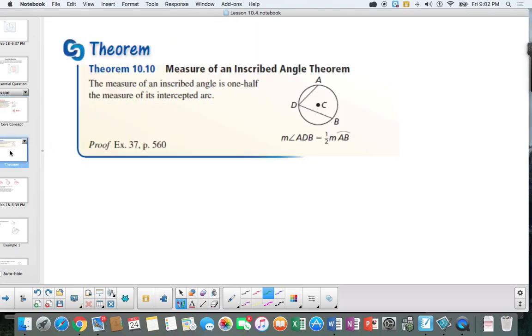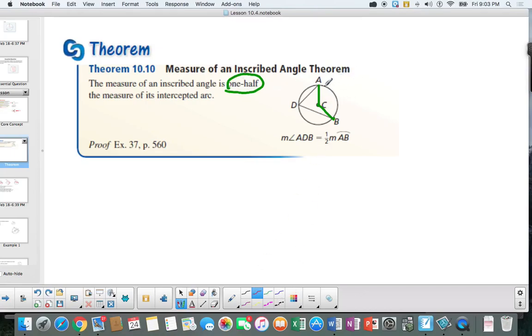Okay, let's go ahead and draw the central angle. I want you to notice that the central angle is pretty wide compared to this angle right here. So what they're saying is that this angle is actually 1/2 the measure of the intercepted arc.